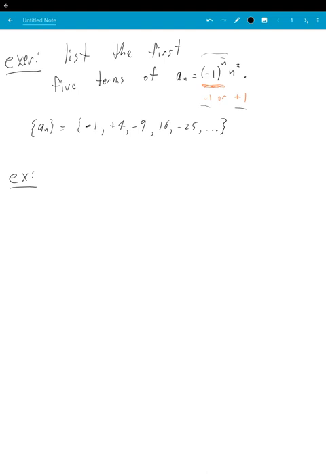Okay, so this is listing terms of a sequence. Why don't we instead go backwards, which is more interesting, is to take a sequence and find the general term. So find an expression for a_n.